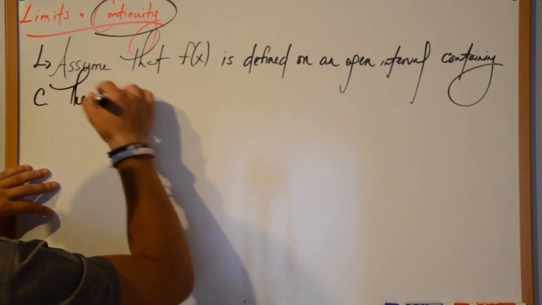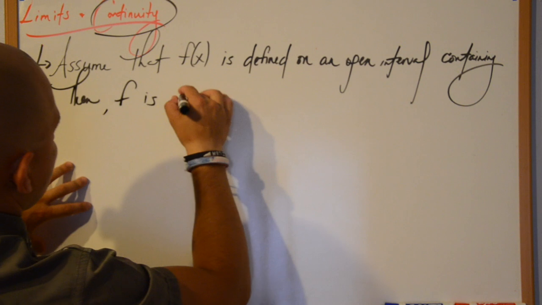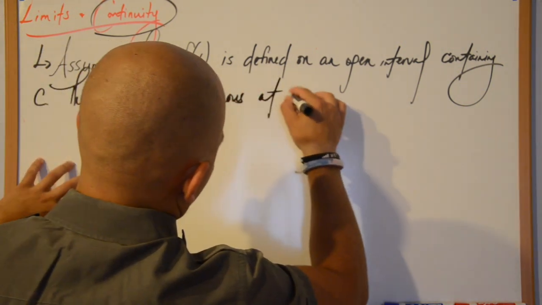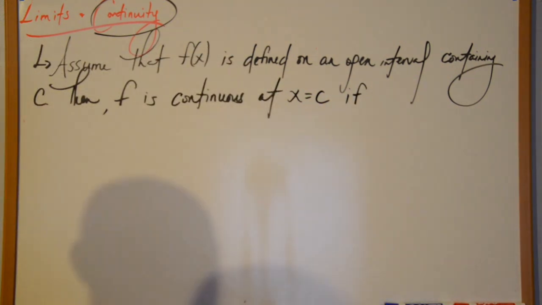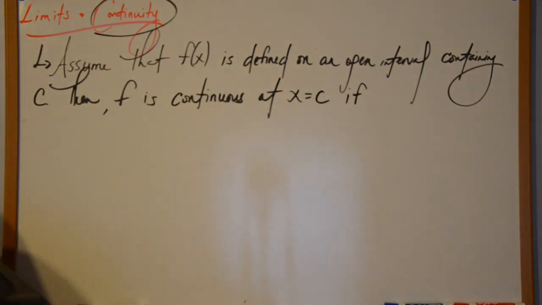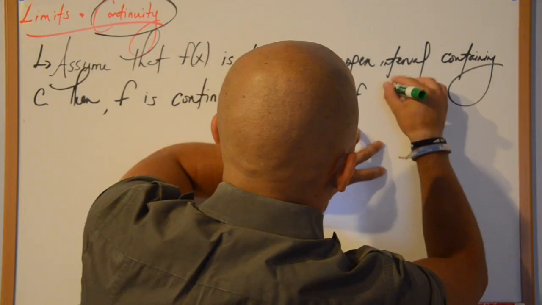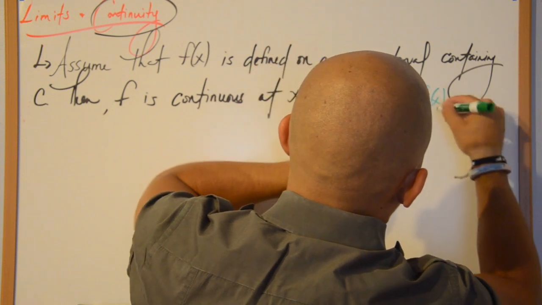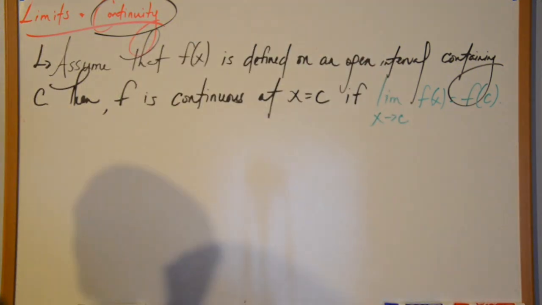We then say that f is continuous at x equals c if, let's change up the colors, let's go green, if the limit as x approaches c of f of x is equal to f of c.